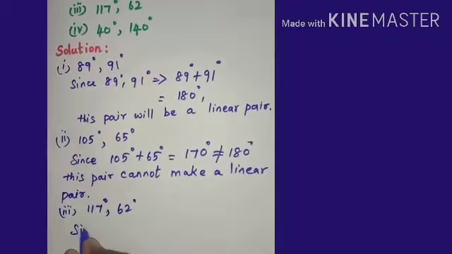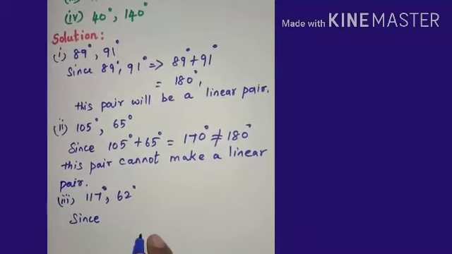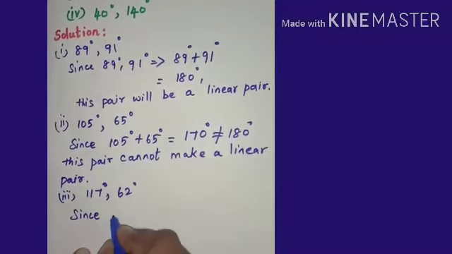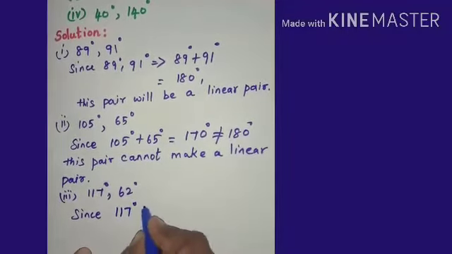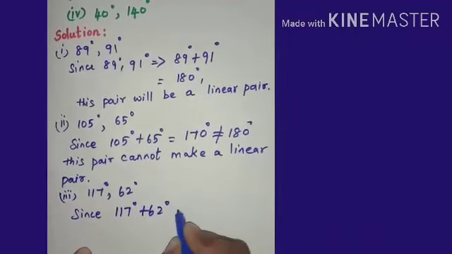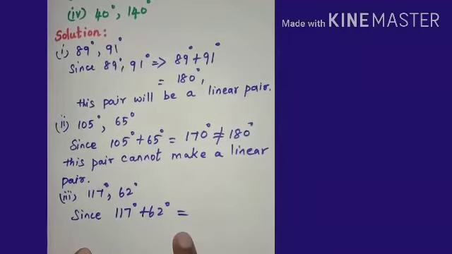First, we have to find the sum, 117 degree plus 62 degree. If it is equivalent to 180 degree, then we can say that this pair will be a linear pair. Otherwise, we can say that it cannot make a linear pair.